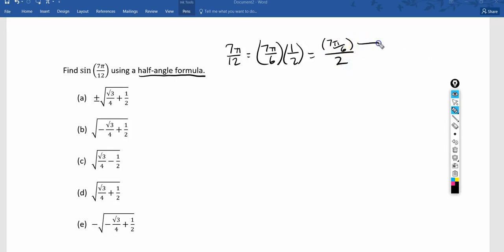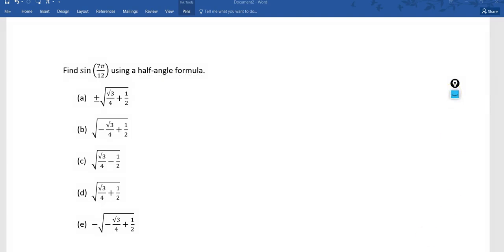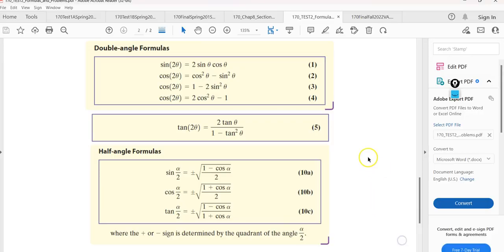And so this is going to be the alpha that we're going to use in our equation. So what equation? I need the half angle formula equation for sine. And so let's go over here. And we can see here that we've got sine, this one here. Sine of alpha over 2 is plus or minus the square root of 1 minus cosine alpha over 2. So that's the one that I'm going to use.